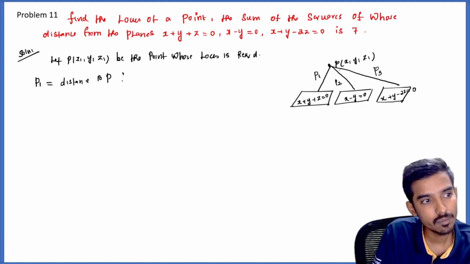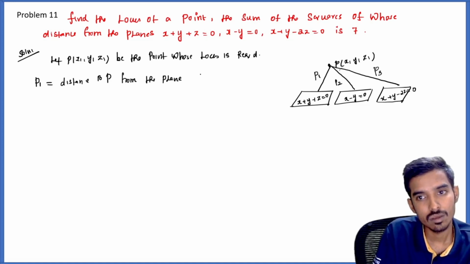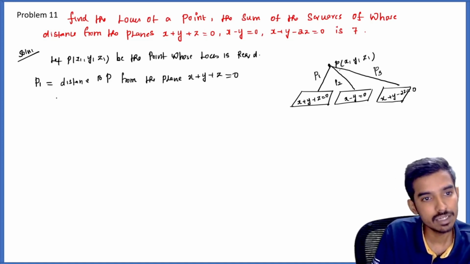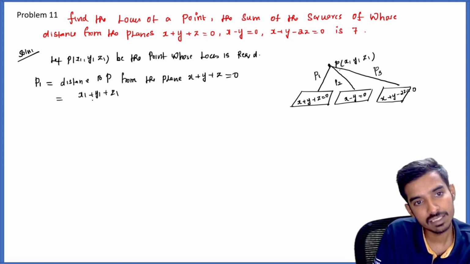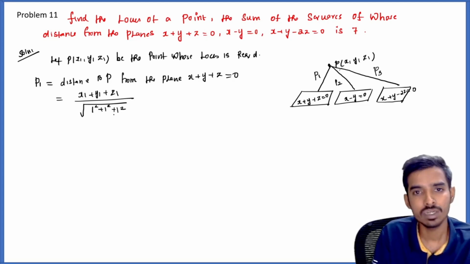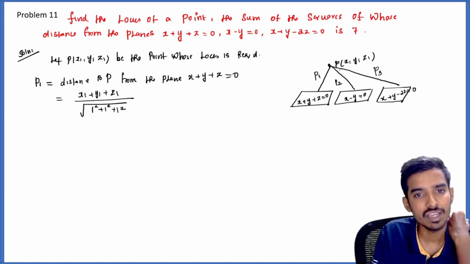So P1 is the distance of P from the plane x plus y plus z is equal to 0, right? What is this distance? It is given by ax1 plus by1 plus cz1 plus d divided by root of a square plus b square plus c square.